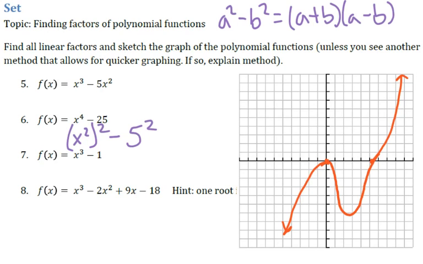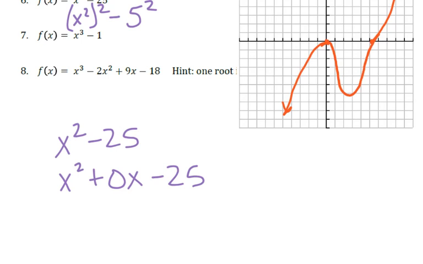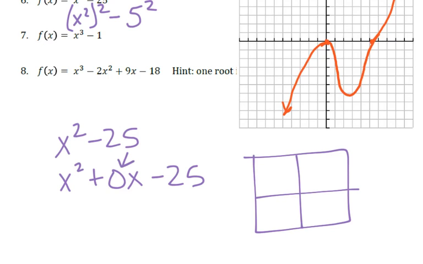The reason it works that way is because of this. If I had, say, x squared minus 25, that would just be x squared and 5 squared. If we were to factor it, not solve it, using the box method, you'd have to put a placeholder in for that one.